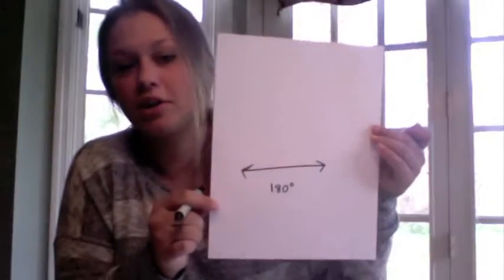Again, a straight line makes 180 degrees. I'll draw one for you right now. This would be 180 degrees, and we do still consider it a type of angle, so consider that when you're asked questions about angles. The next thing we're going to talk about is rays.